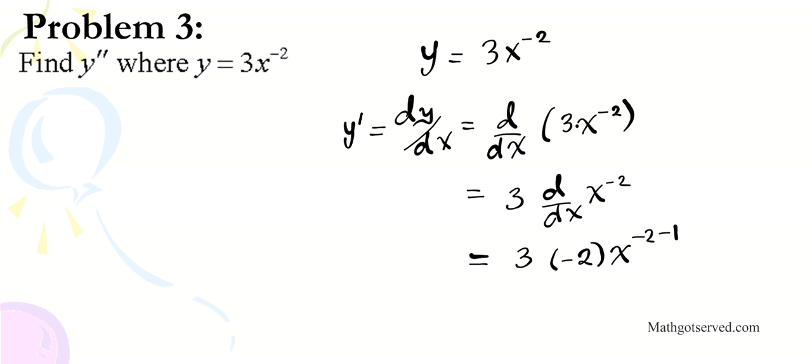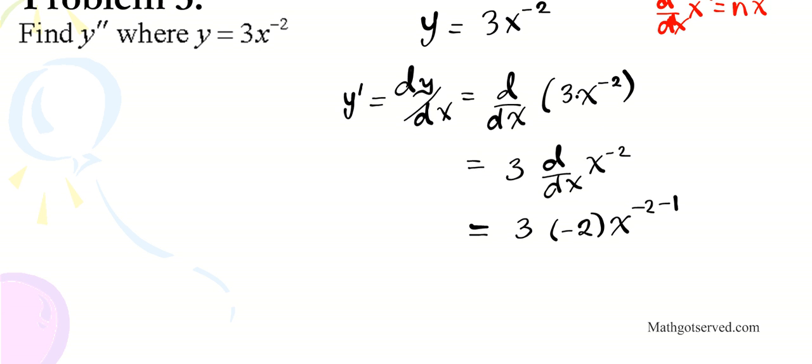Okay? Remember that formula, let me write it over here, d dx of x to the n is n x to the n minus 1. Bring the power to the front and then subtract 1 from the power. That's exactly what I did here. This was the power, negative 2. I brought it to the front and then I subtracted 1 from it. Okay? So applying the power rule, I get this result.